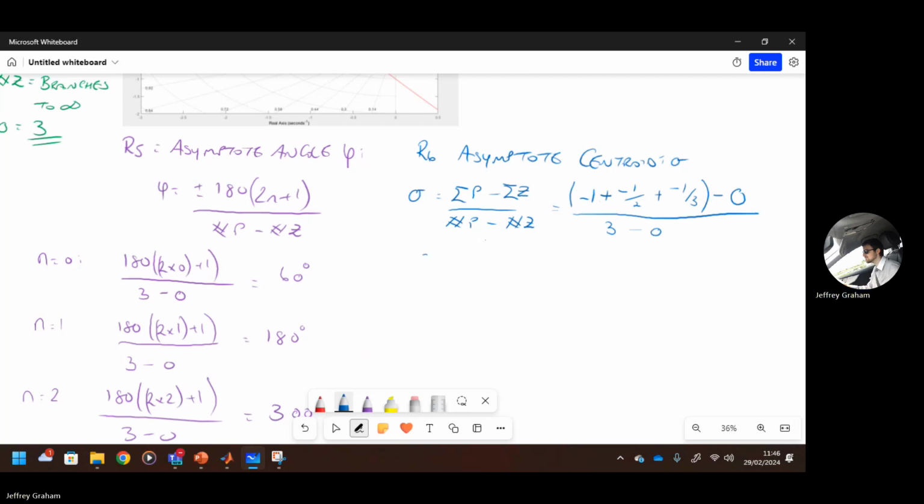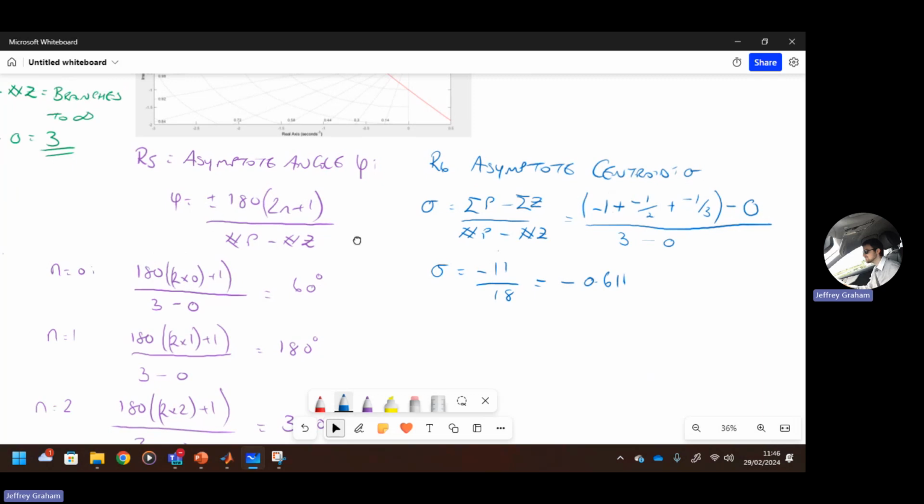So our centroid is minus 11 over 18. Doesn't mean anything because we need to plot this on the graph to show you. That's about minus 0.611. Let me show you this on the graph then.